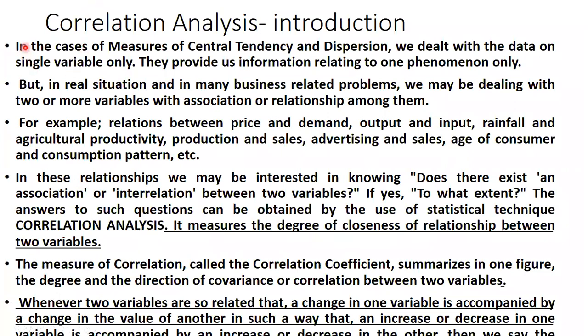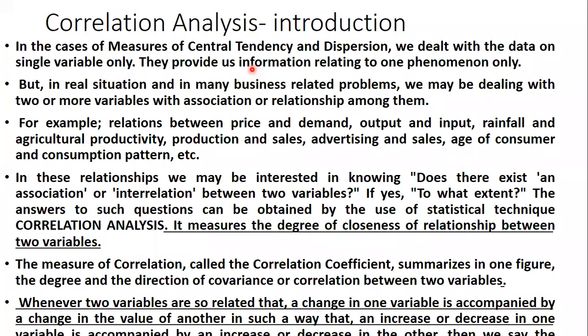Now, in the case of measures of central tendency and dispersion, we deal with data on a single variable only. So they provide us information relating to only one data. It is something like, for the number of years, what is the sale?